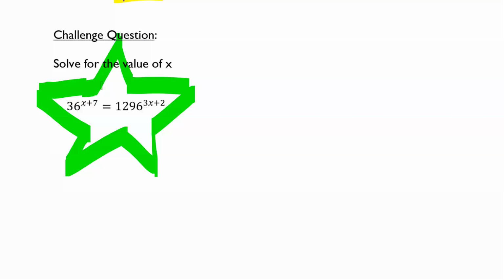And you'll see that 6 squared is 36. 6 cubed is 216. 6 to the exponent 4 is 1,296. Okay?